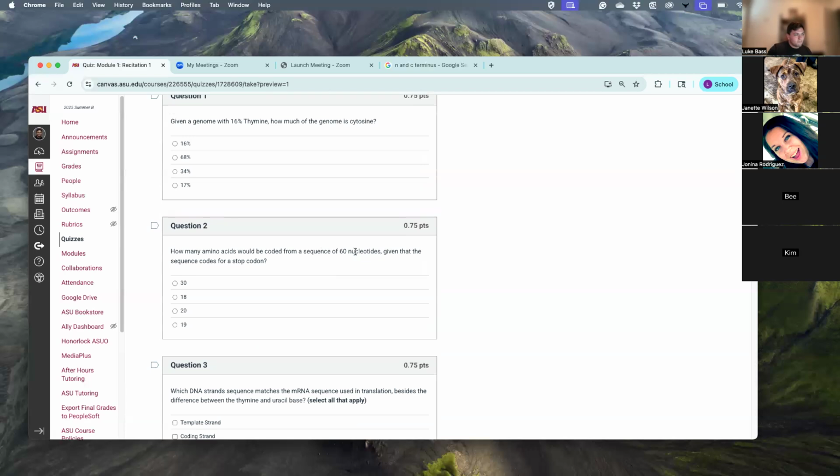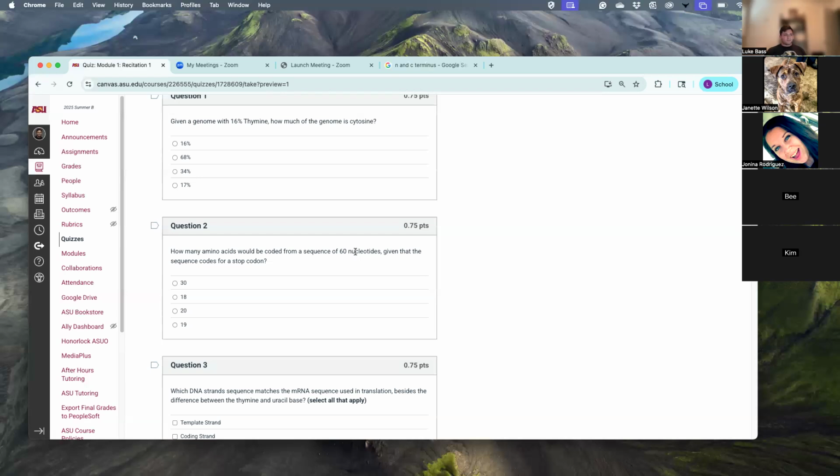Oh, yes, I forgot that was even a question. You're good. So the important thing to keep in mind here is that you would divide the number of nucleotides by three, but that last codon isn't going to encode for an amino acid. It's just going to be a stop codon.